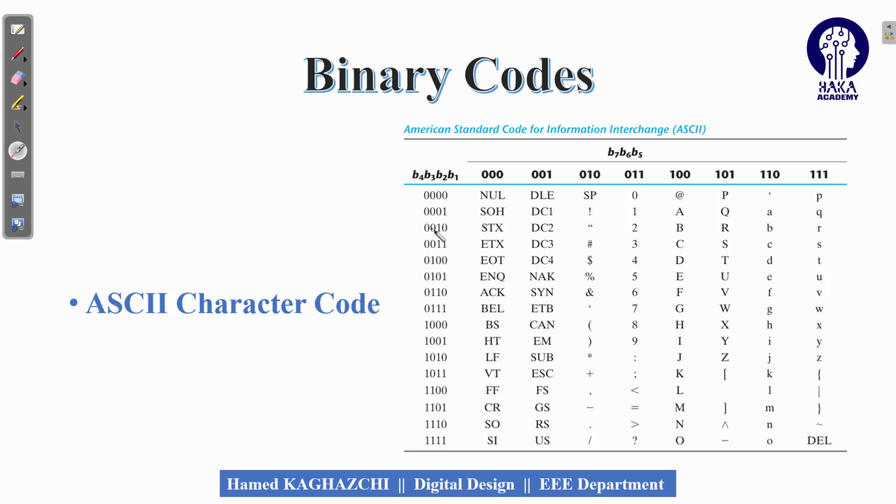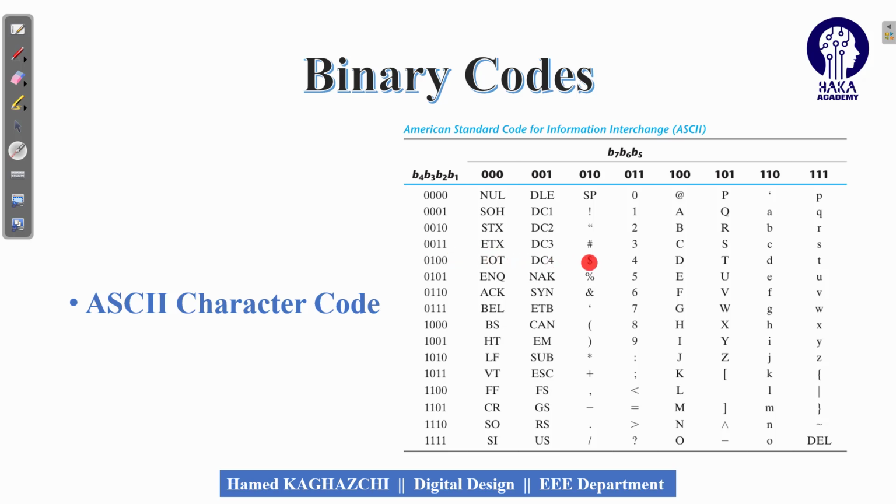Look here. At each row of this table we have 4 bits that represent B1, B2, B3, B4. And at each column of this table, we have 3 bits that represent B5, B6, B7. For example, if I want to represent the T, for the first 4 bits from the right, we write the corresponding 0010 bits of this row.